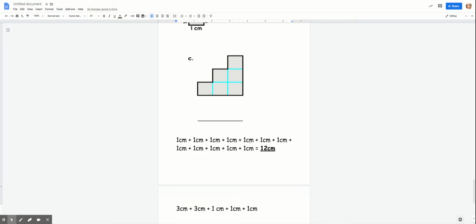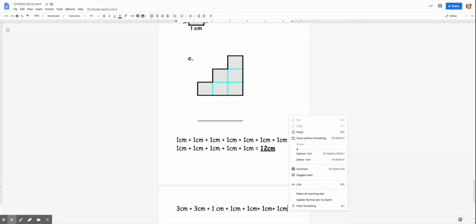Where are we at here? 3, 6, 1, 1, 1. We're here. So we are at another plus 1. So we have 1, 2, 3, 4, another plus 1, and another plus 1.